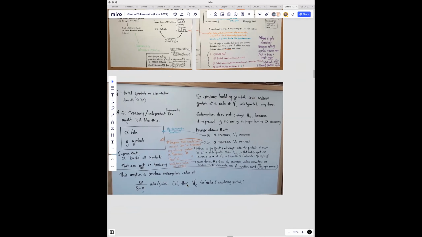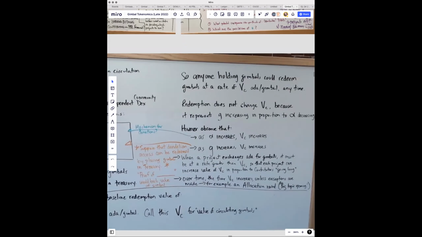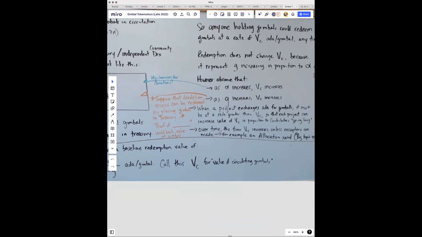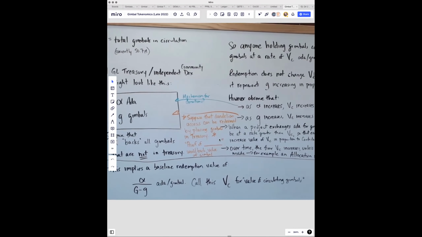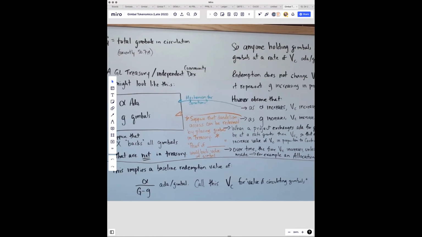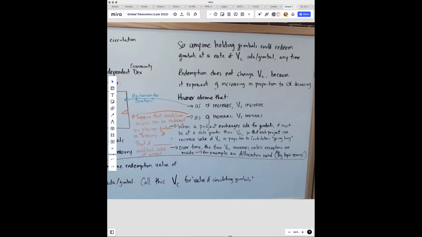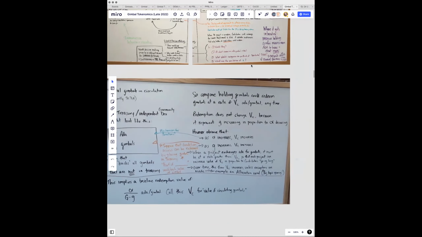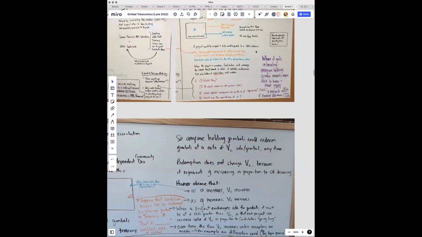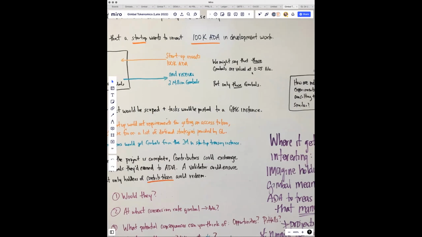Then VC has not changed. But if people decide to keep the gimbals and put ADA back into this treasury at a rate that's higher than VC, right? This implied rate right here would need to be higher than VC for this to work.